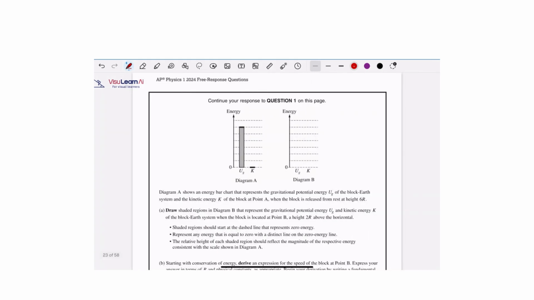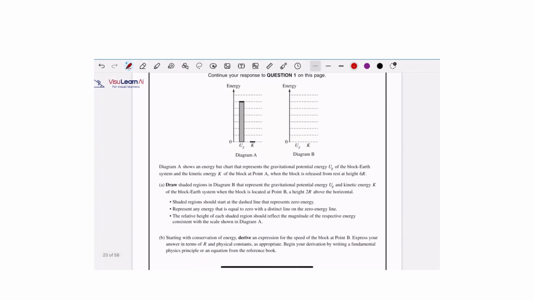Now this may look intimidating, but it's actually not that bad. So initially they're showing a shaded region in the diagram, and we have the potential energy at point A, and the kinetic energy is zero at point A. So in point B, we have to write down what the potential and kinetic energies are going to be. So based off of our setup, let's go ahead and copy what we wrote down. So we have at point A, the potential energy of mg6r and the kinetic energy of zero.